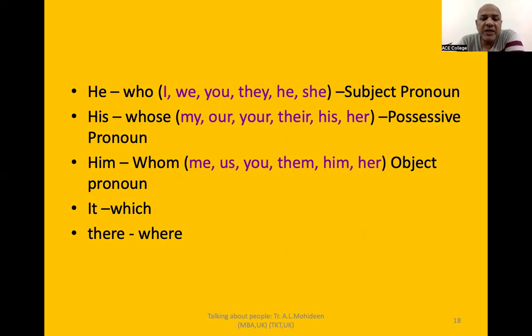In the possessive place, you can put his. Instead of his, you can put whose. Like it, if you see it, something, you can put which. Remove it, put which. And if you point to a place, then you can say where. So these are the key information that you have to remember when you are joining sentences using relative pronouns. Relative pronouns as a subject, we are going to discuss later.